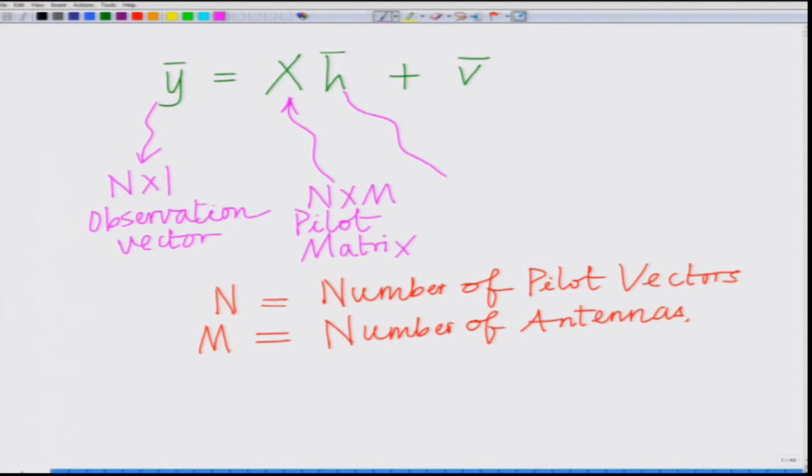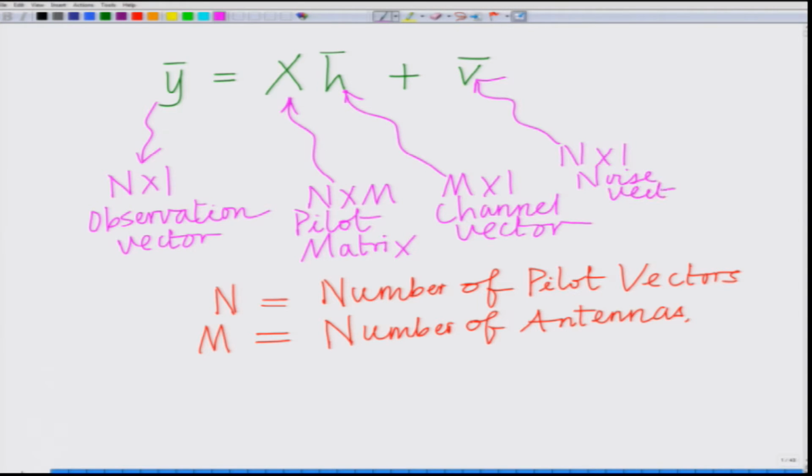H bar is the M cross 1 channel vector, and v bar is the N cross 1 noise vector.